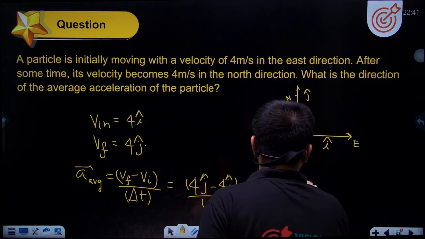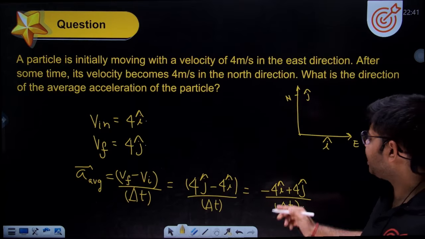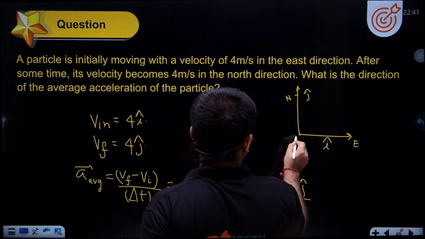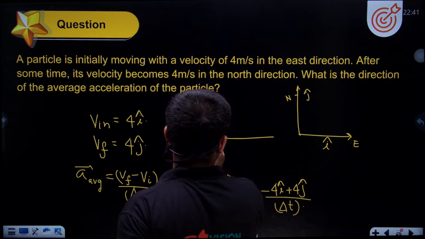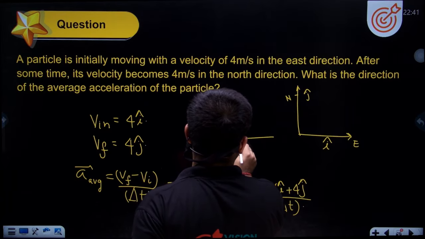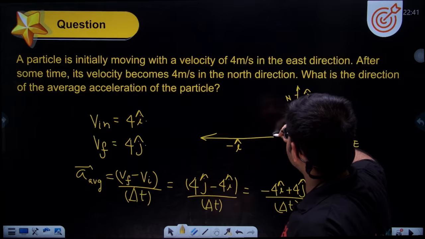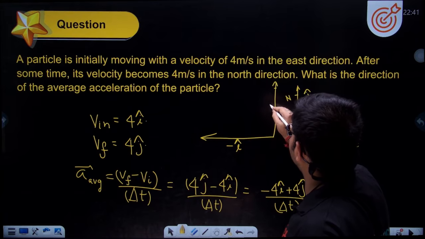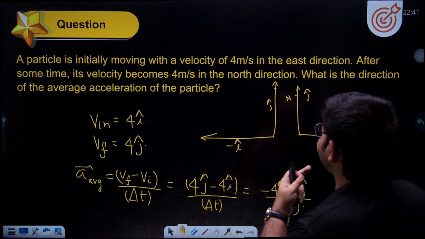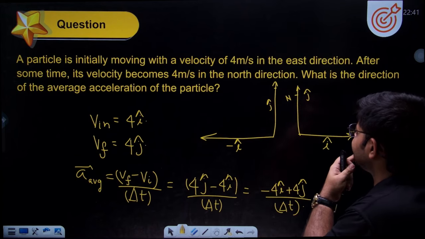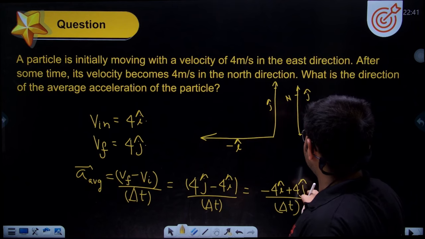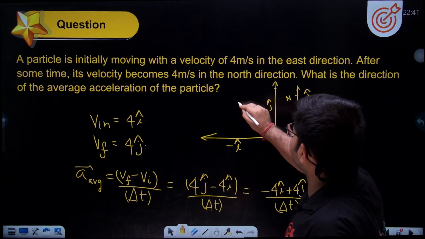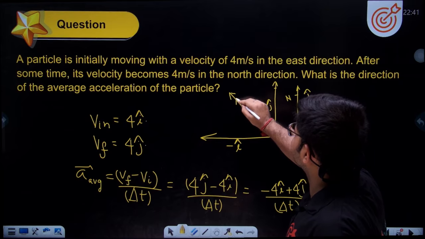So what does it mean? i cap in the negative means the direction is towards this side, we should say negative i cap. So it is the west. And j cap, we are getting another component along like this, j cap. So where should be our net resultant? The resultant should be along this direction, right?